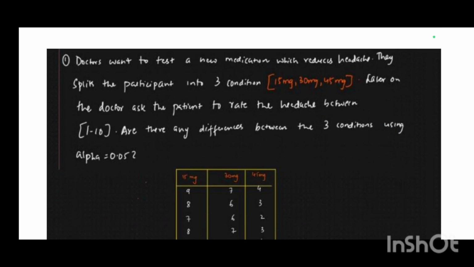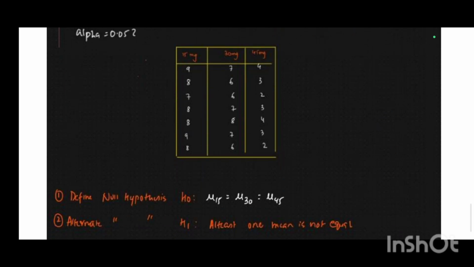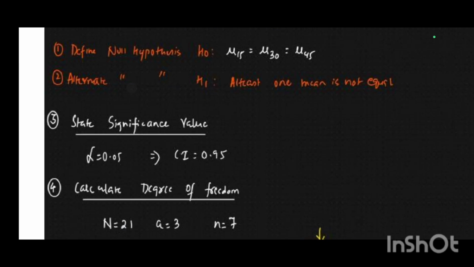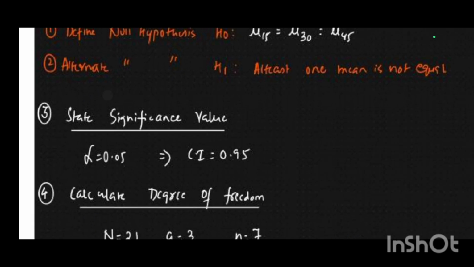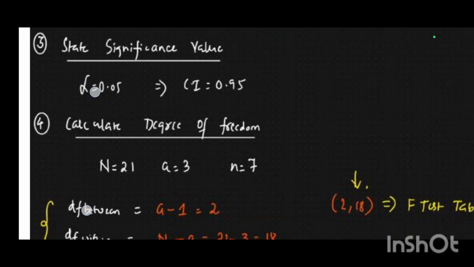So the same doctor's example, the mg example, you can consider. Here alpha is the level of significance, at what percentage you want to test, and the confidence interval can be 95%. Calculate the degrees of freedom.